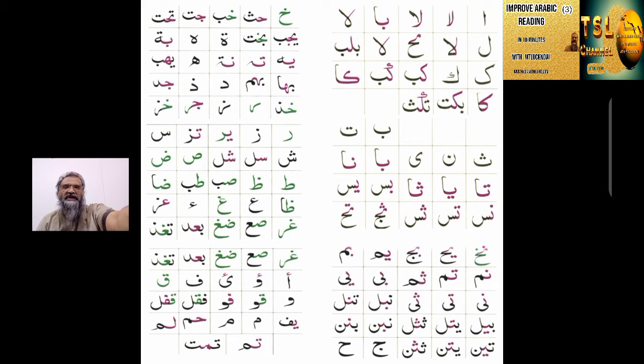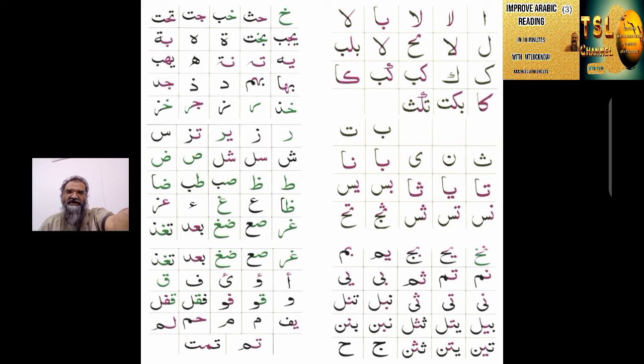Ya ra, ta za, sin, shin, sin lam, shin lam, sad, dad, ta, za, sad ba, ta ba, dad alif, za alif, ain, ghain, hamza. The small shape of ain is called hamza.